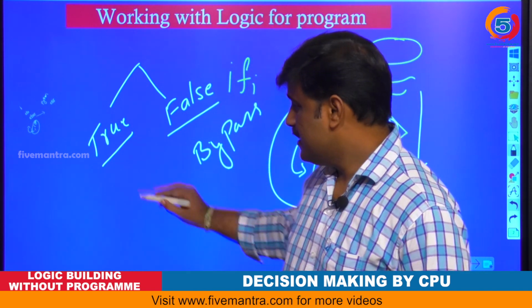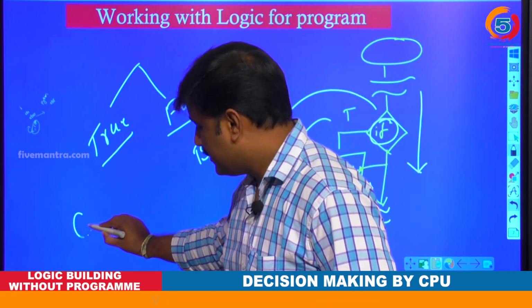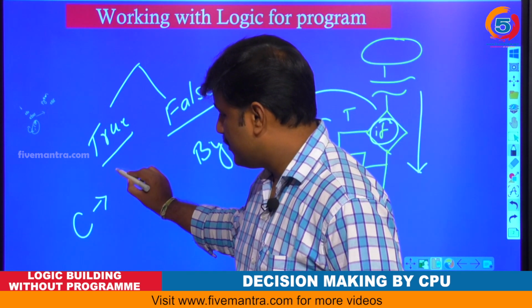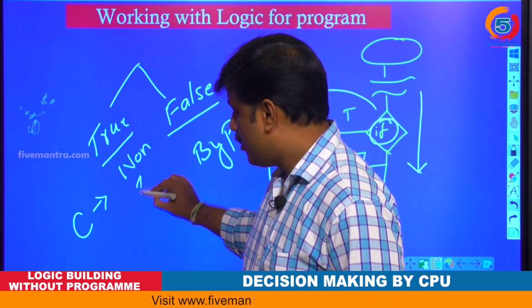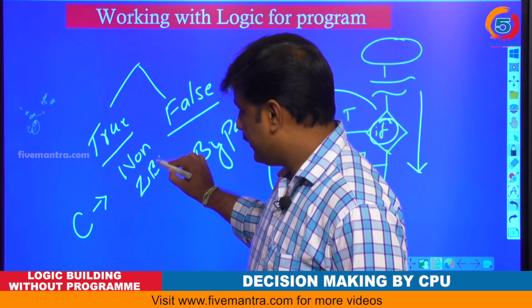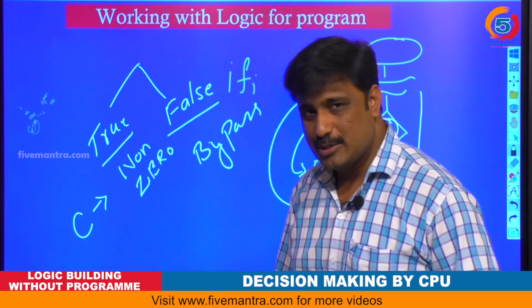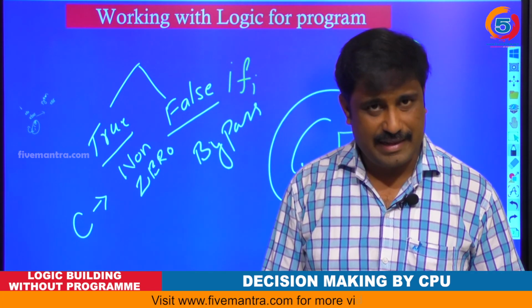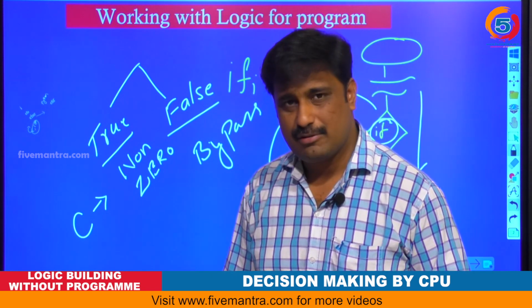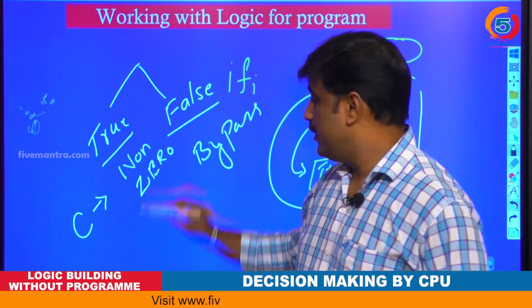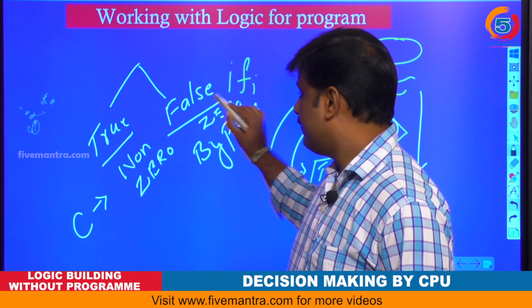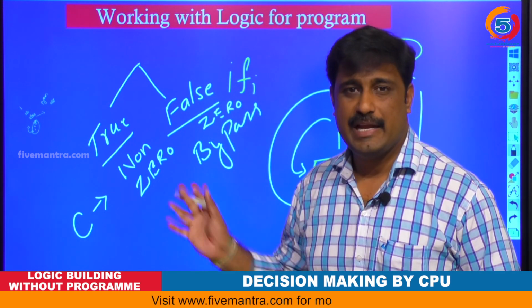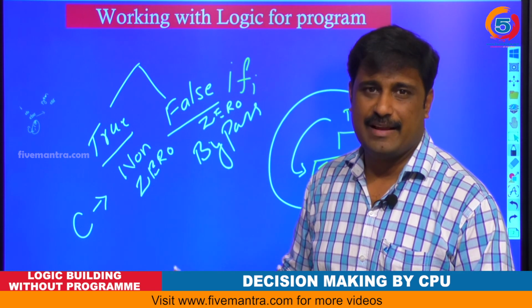In C language, true is implemented with non-zero. Remember, non-zero means that even if you give -1 it will be taken as true, and if it is +1 it will also be taken as true. But if you give 0, that is nothing but false. It is the C language story.